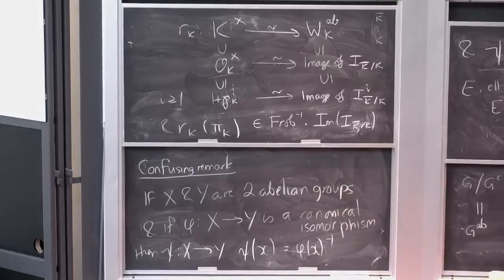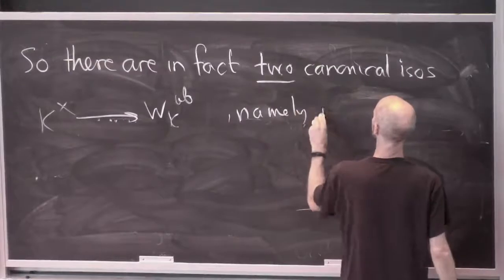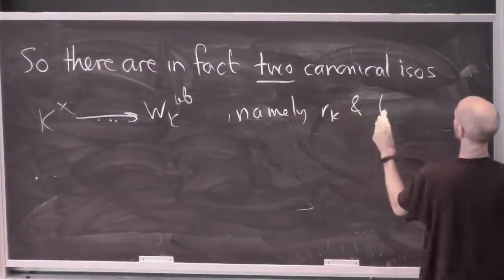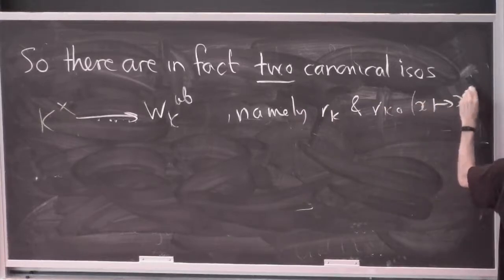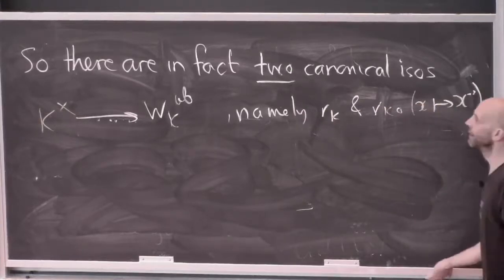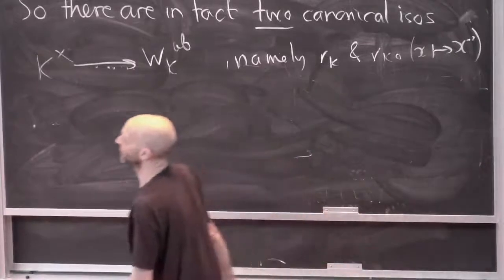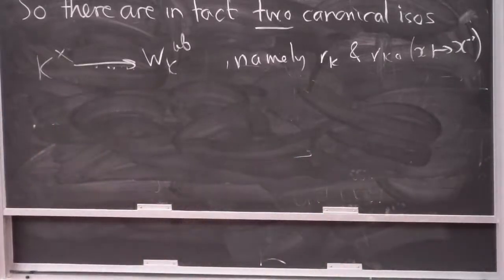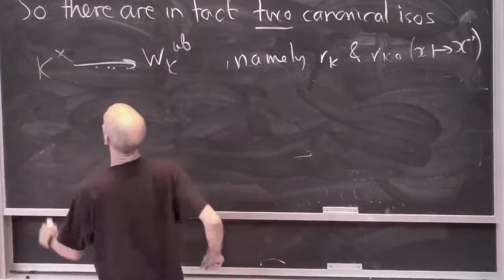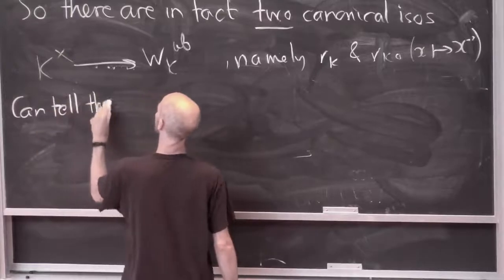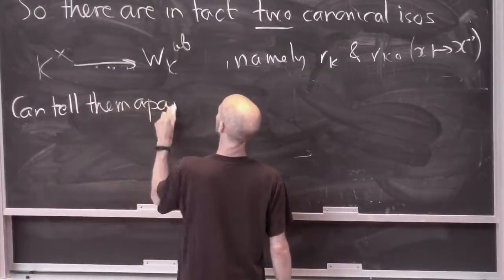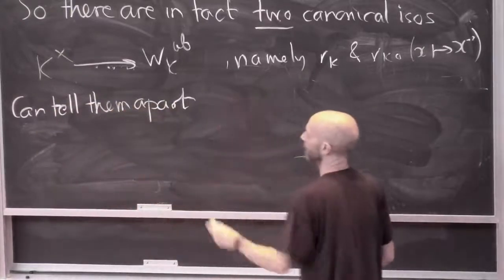There are two canonical isomorphisms, namely RK and RK composed with x goes to x inverse. The way you tell between them is you say what happens to a uniformizer and a Frobenius. So we can tell them apart by this last condition here.